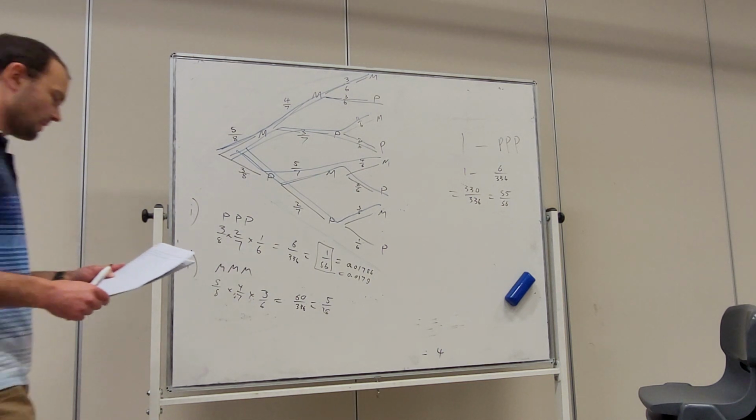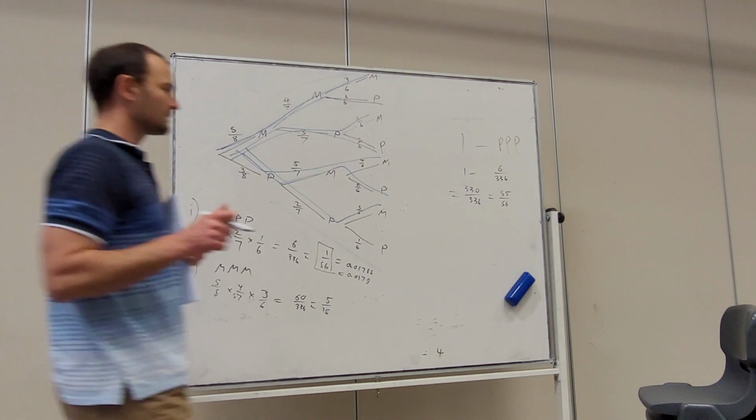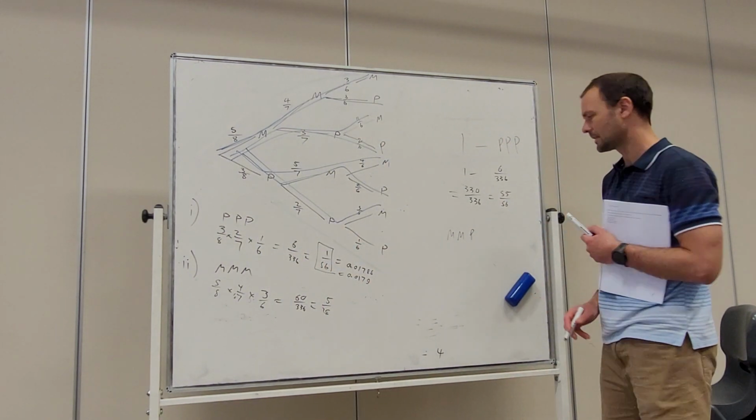Okay, and then the next one says, how about the probability of getting exactly 2 Mars bars? So there's a number of ways this can happen. If you're getting exactly 2 Mars bars, then the fastest way to do this one is just to circle the paths and calculate them. So if we're getting 2 Mars bars, that means we could get Mars bar, Mars bar, protein bar.